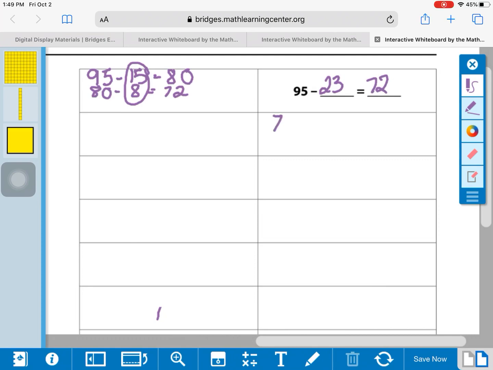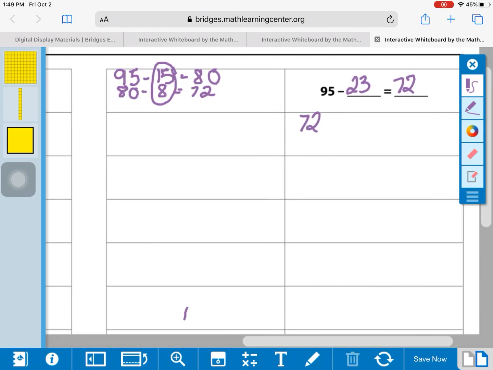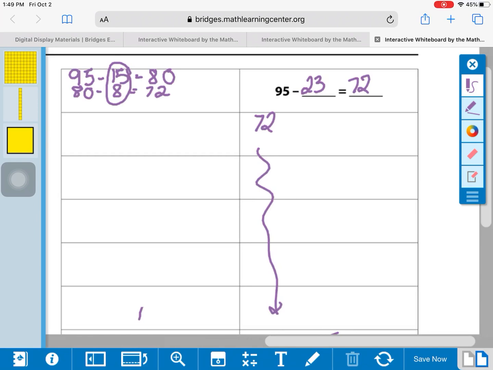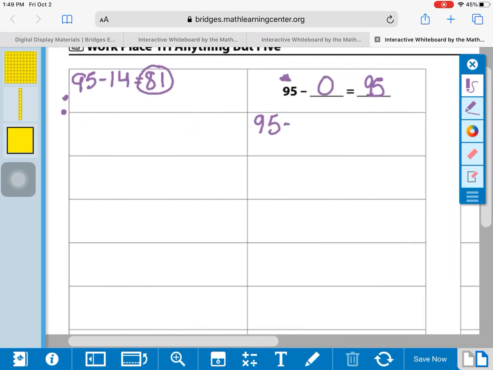So my next round starts at 72. If you haven't guessed by now, I'm going to continue on with all my rounds. And the first person to get rid of all their numbers and end at 0, or take away everything, including 0, is the winner of the game. That's how the game continues and wins.